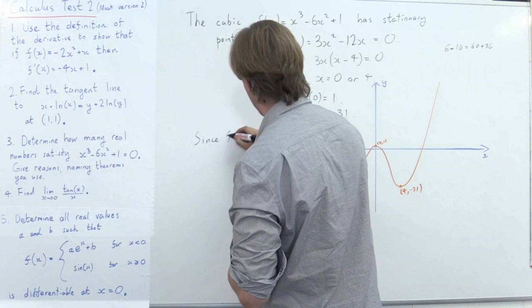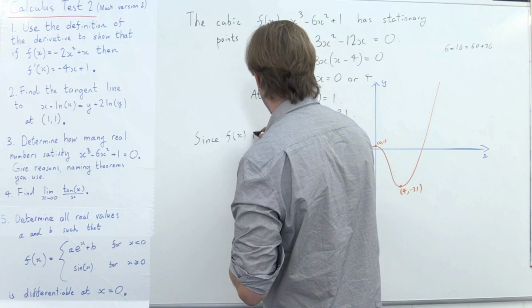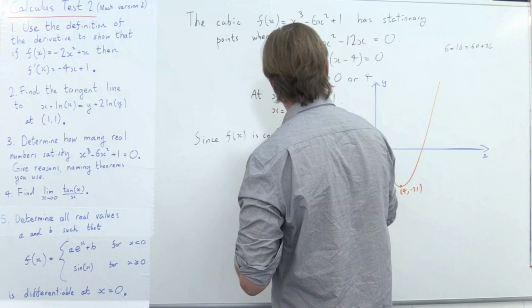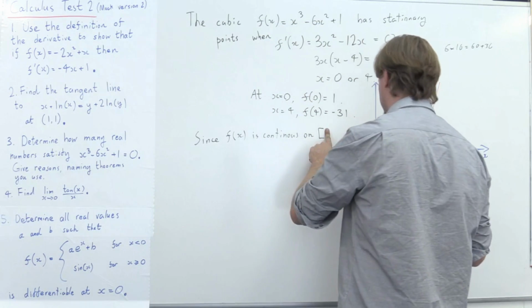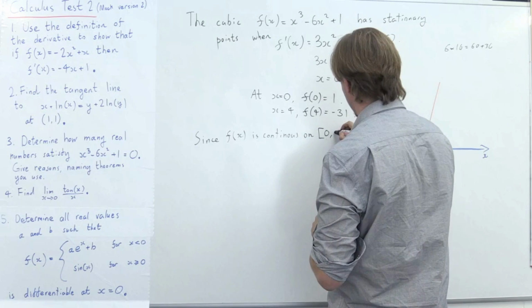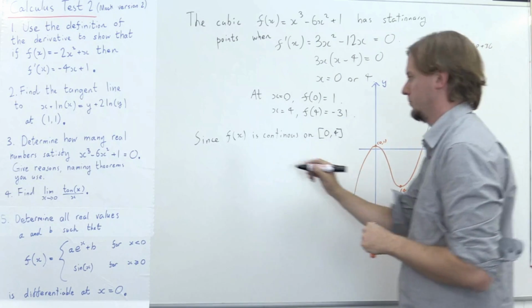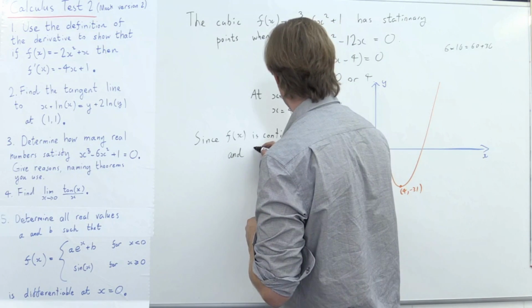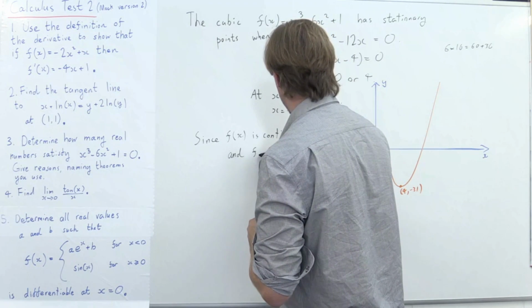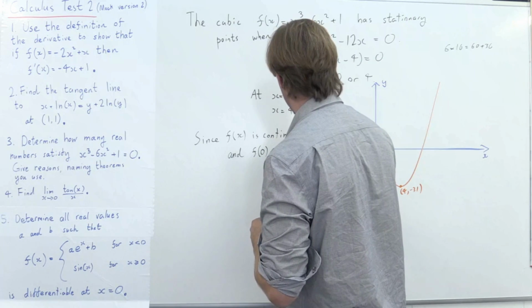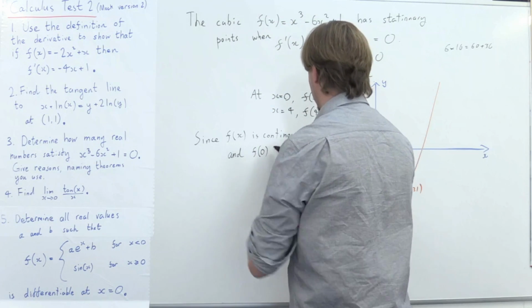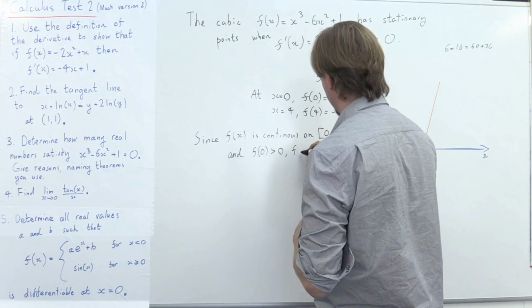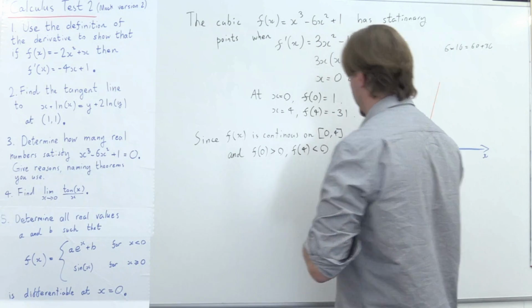So since f of x is continuous on the interval, the interval I'm caring about is 0 up to 4, and so we have a continuous function. I know that one of these values is greater than 0 at one endpoint, and the value at the other endpoint is less than 0.